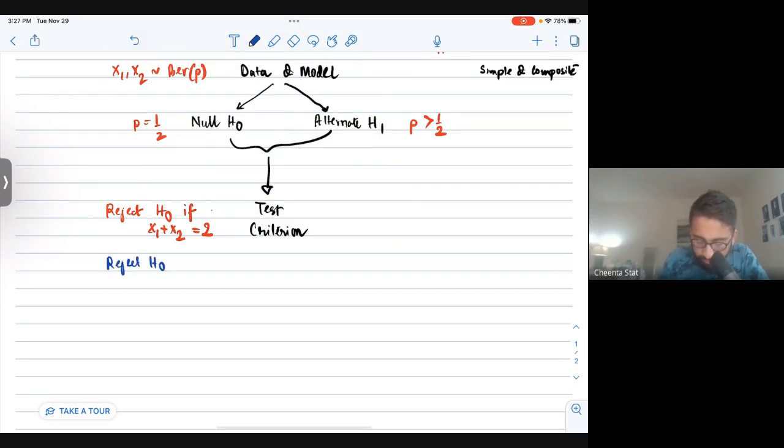Reject H naught if X1 plus X2 is equal to 0. Understand, we are not doing this for a very specific reason. Why? Because this also tells you that it's very extreme. X1 plus X2 equal to 0 is also very extreme among these two tosses, right?